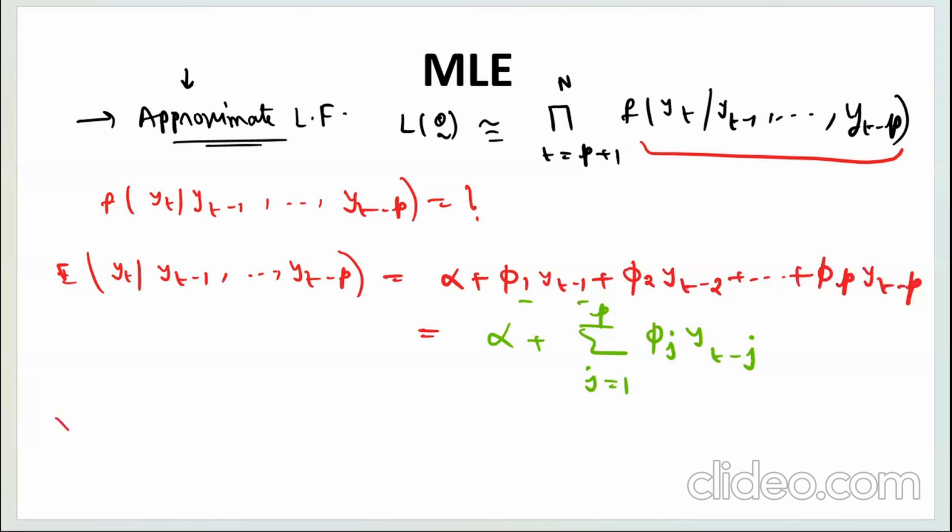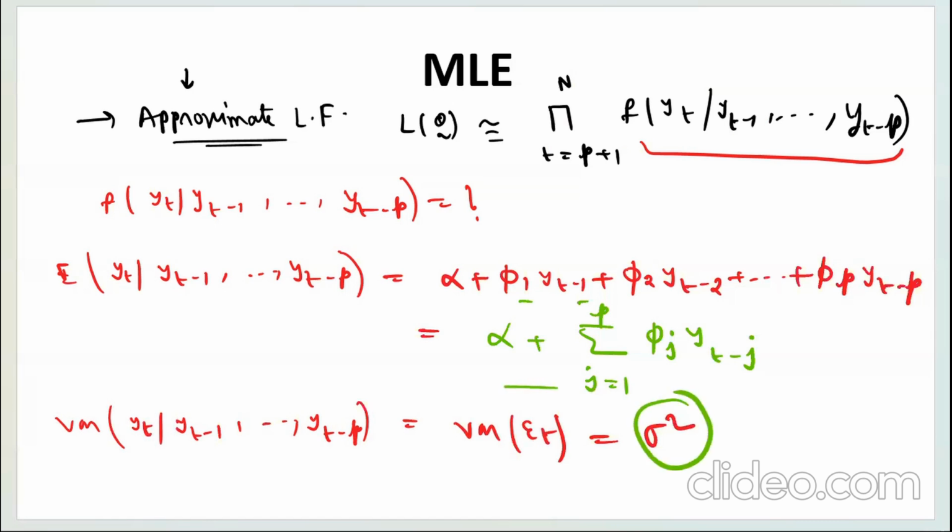And then find out the variance. Pretty simple: given yt minus 1 up to yt minus p, that will simply be the variance of epsilon t, which is sigma square. So this is the variance and this is the expectation. And again, I have told you, if you know the expectation and the variance, you can simply find the distribution, the PDF.